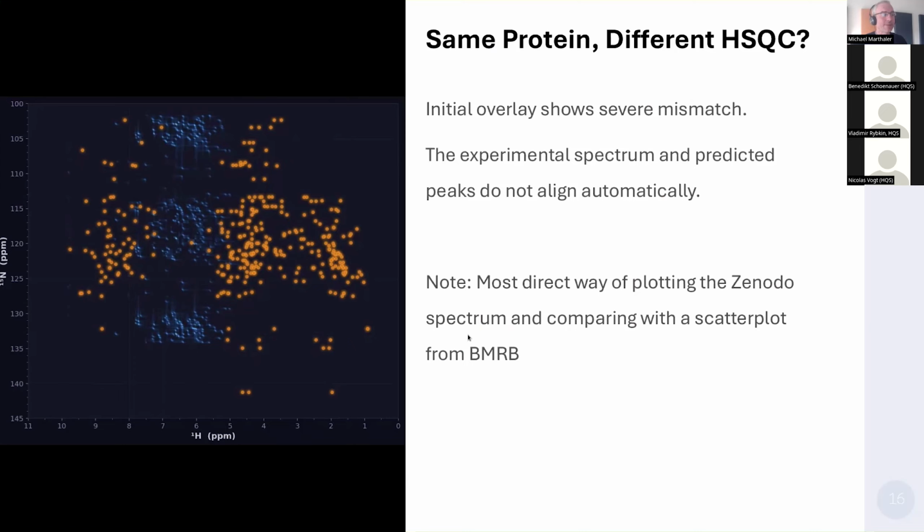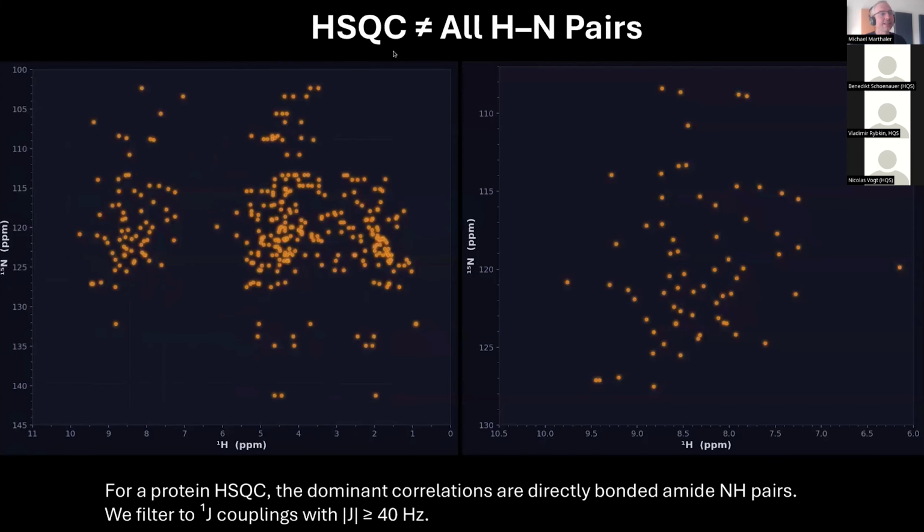The first step, of course, is improving the BMRB plotting of the parameters. BMRB data is considered to be highly precise, so there shouldn't really be any problem with that. What needs to be done is to filter the pairs of 1H and 15N down to the ones that actually couple.